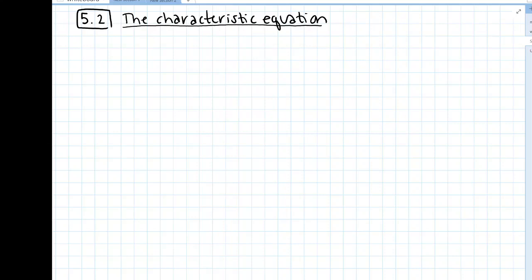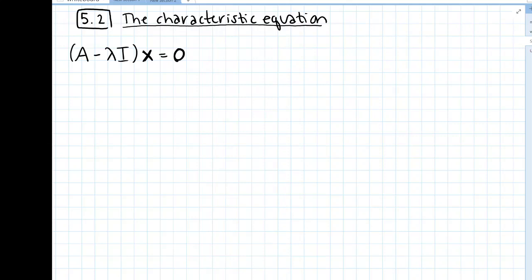Okay, so I want to go back to something that we already had written down, what I had written in that green box earlier. So we have this nice equation, A minus lambda I times x is equal to 0.